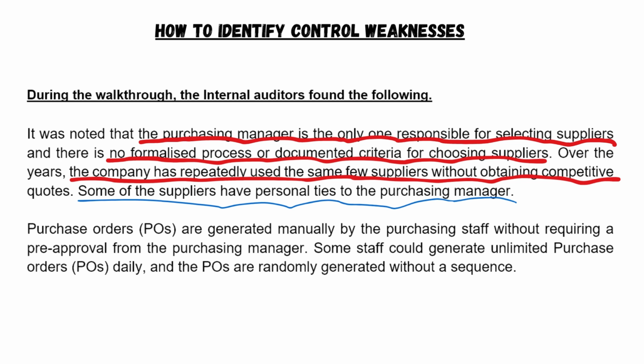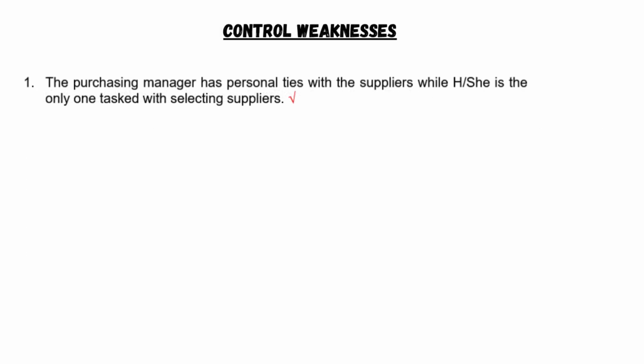The first weakness that we can identify is maybe around the purchasing manager only being responsible for selecting suppliers. What you can then state is that the purchasing manager is the only one responsible for selecting suppliers. Another thing you notice here is that some of the suppliers have personal ties with the purchasing manager.